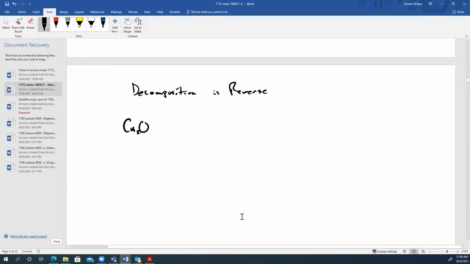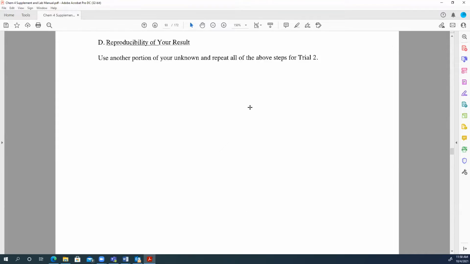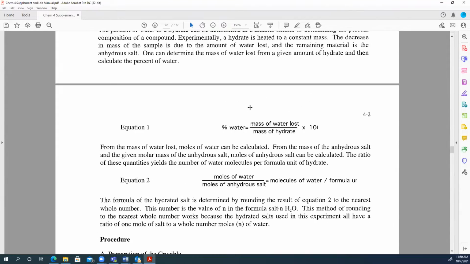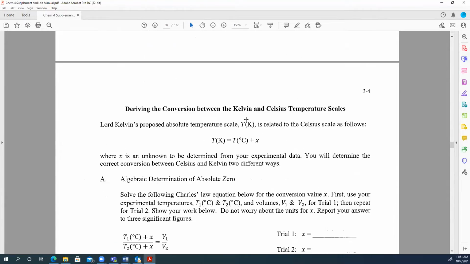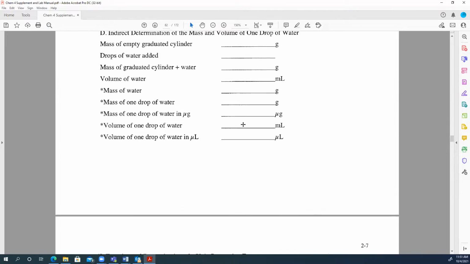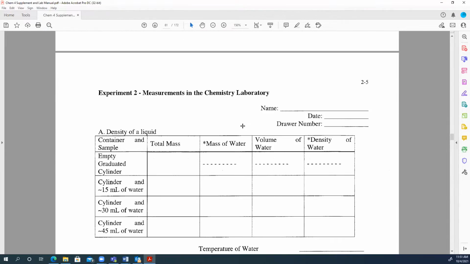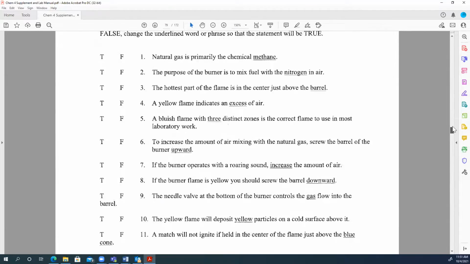The reason is because for this electrolyte stuff, I got ahead of myself a little bit. I haven't really talked about it. And so I'm looking for experiments 1, 2, and 3. Experiment 1, though, it's just a burner. We didn't quite finish all of that. Go back to experiment 1.